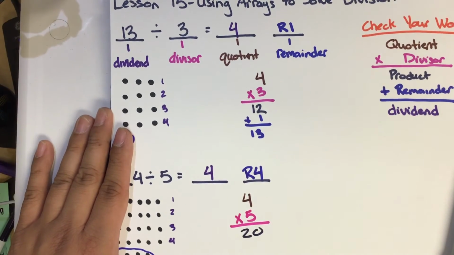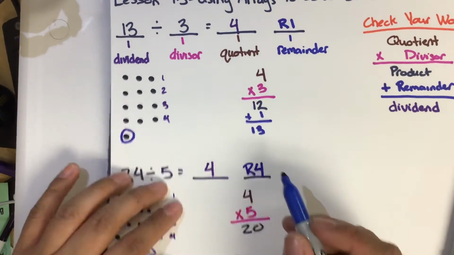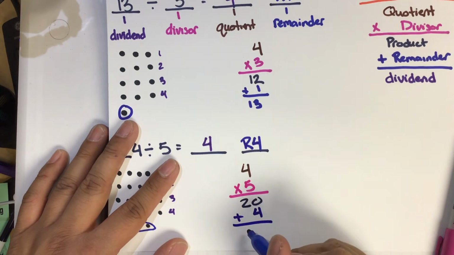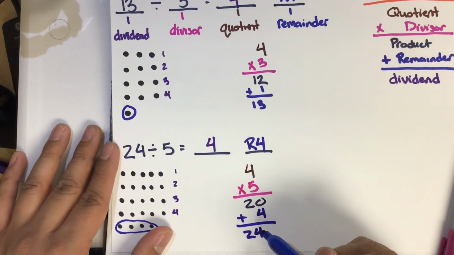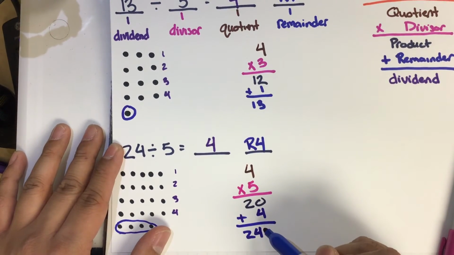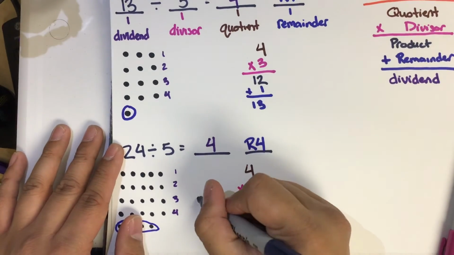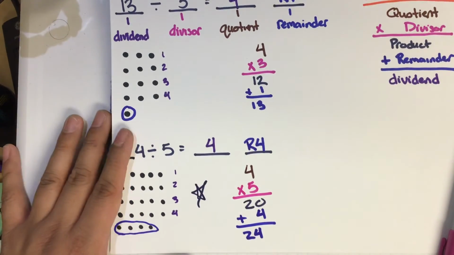And then I want to add the 4 from our remainders. And then that gets me 24. And then I compare. Did I start with 24 and end with 24? Yes. So that means I know that my answer is correct.